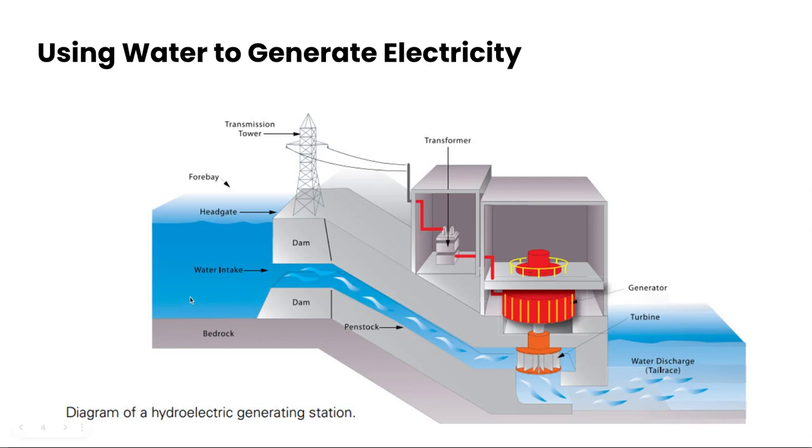What we have is water up at the top here and a dam, and then the water will come through the dam down through this path here, which then will turn our turbine, and the rest of the water flows out through there. So we're using that power of the water going from up here down to here to turn our turbine, which then goes to a generator, through a transformer, and then out through our transmission lines.